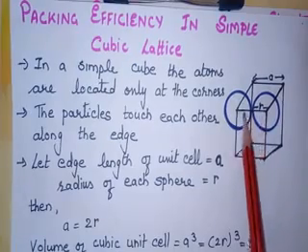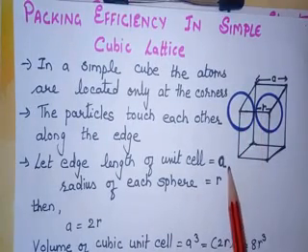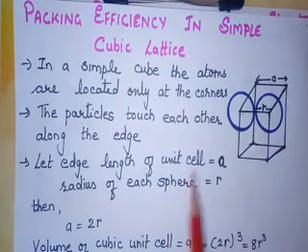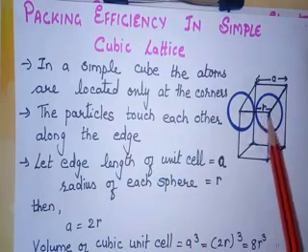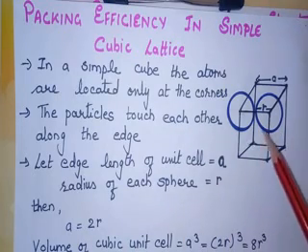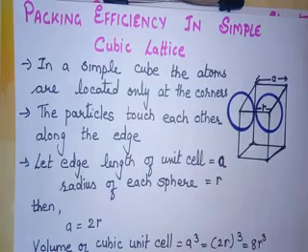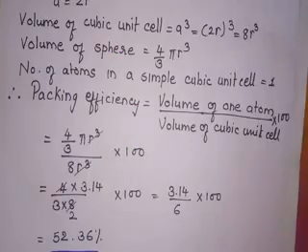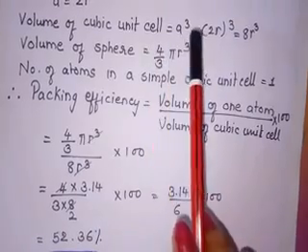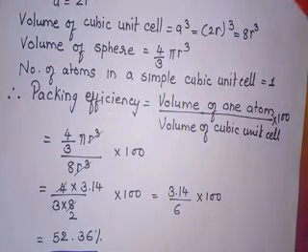Now the edge length of the unit cell is a. The radius of each sphere is r. So we will have r and r, that is a is equal to 2r. Now the volume of the cubic unit cell: this is a cube, so length, breadth and height are all equal.